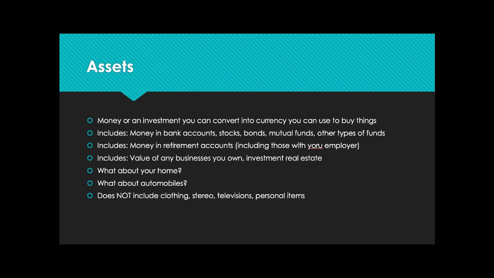Now, another question, what about automobiles? Well, automobiles, that's an interesting one, because of course, if you own your automobile and you have a car loan, you would naturally include the value of the automobile as an asset and the current balance on the auto loan as a liability. But then the question becomes, what would you really realistically get for the car if you were to sell it today?